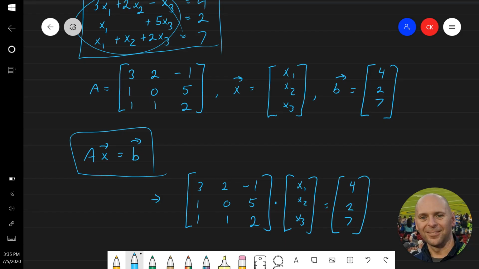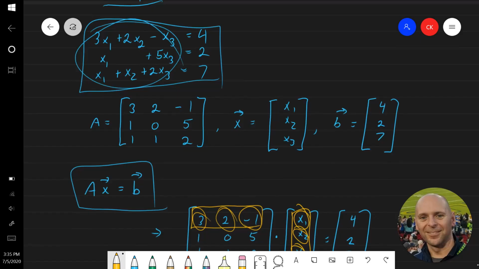Then if we were to actually do the multiplication here, if you took the first row times this column, you get 3 times x1 plus 2 times x2 minus x3, which is exactly what we have on the left-hand side of the equation in the system.